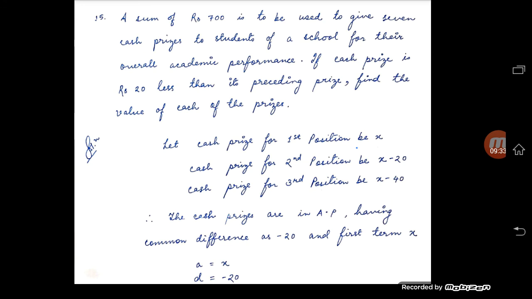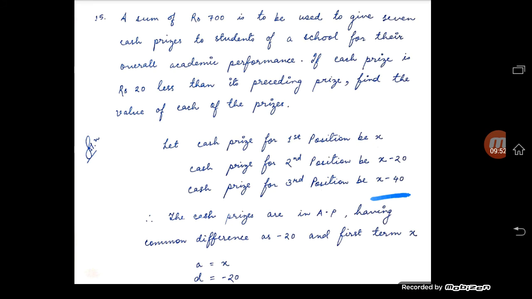Now see, the difference of all the terms is minus 20. Since the difference is same for all the terms, that means the series is an AP, and since it is an AP, we can use the formula for sum of n terms of an AP.